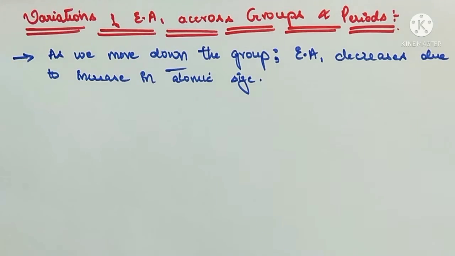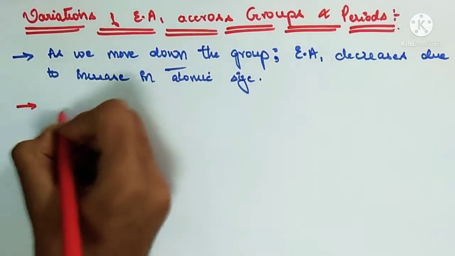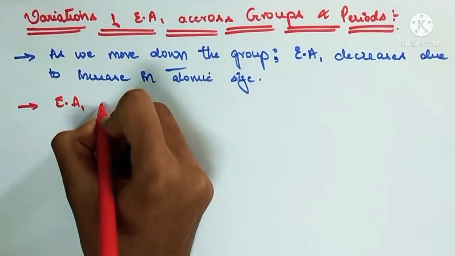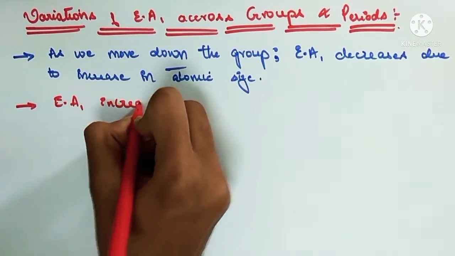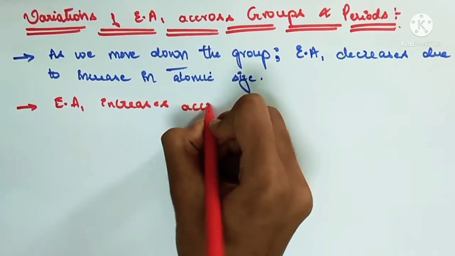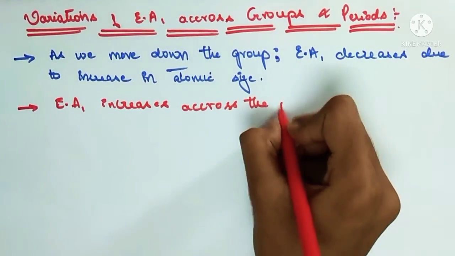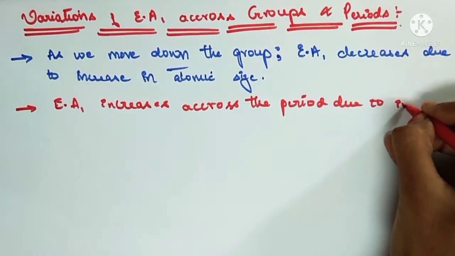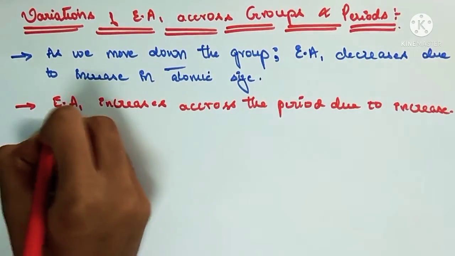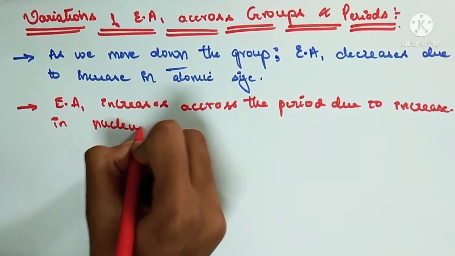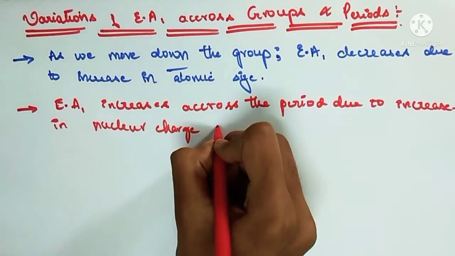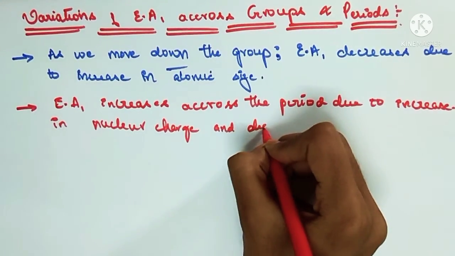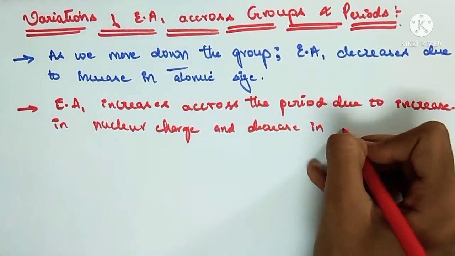And electronic affinity increases across the period due to increase in nuclear charge and decrease in atomic size. First electronic affinity increases across the period due to increase in nuclear charge and decrease in atomic size.